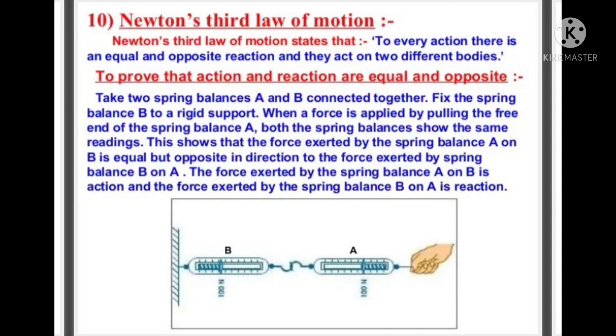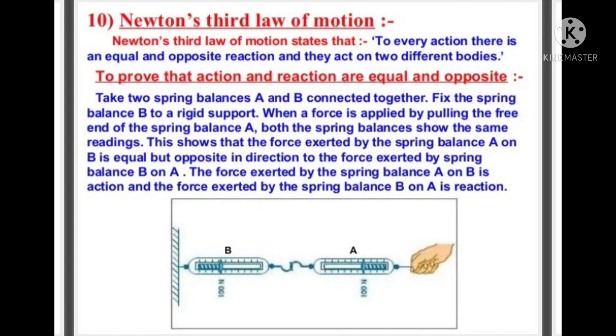To prove that action and reaction are equal and opposite, take two spring balances A and B connected together. Fix the spring balance B to a rigid support.